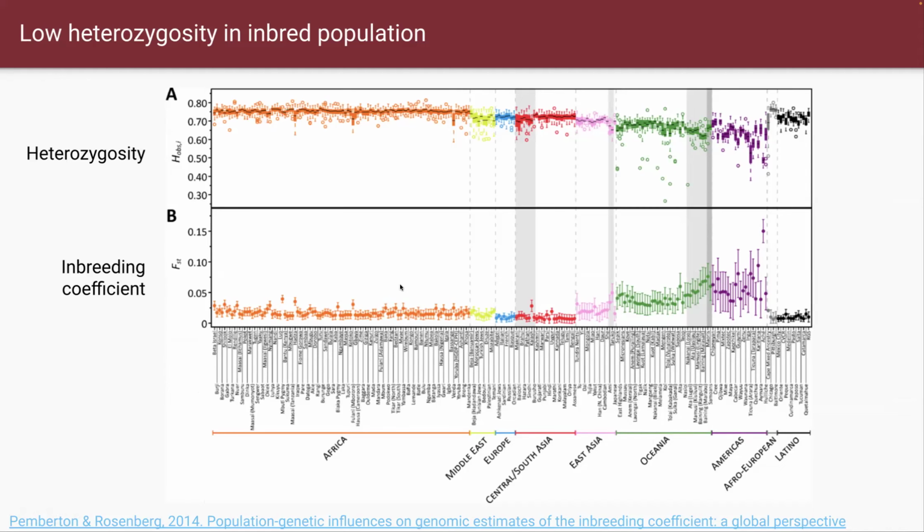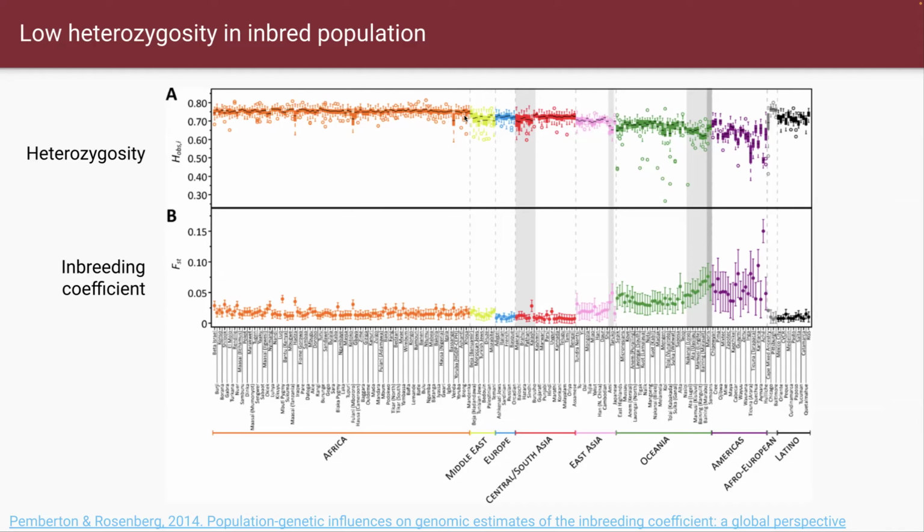At first look, what you can tell is that African populations have a higher heterozygosity level compared to non-African populations, including all of them, right? Why? Because as I mentioned previously, out of Africa, a small set of people migrated from Africa to other continents. That means a small population, genetic drift, and very low genetic diversity compared to the original population, which is African. Africans have much higher genetic diversity, so obviously a higher heterozygosity level.